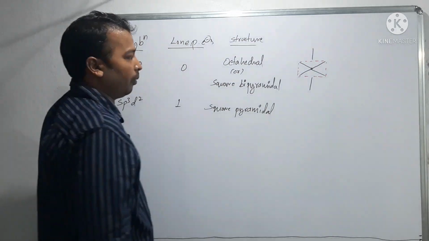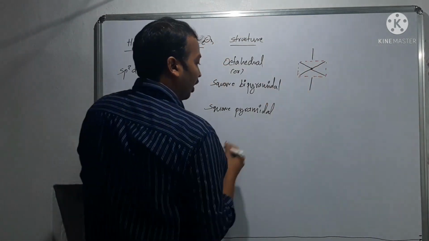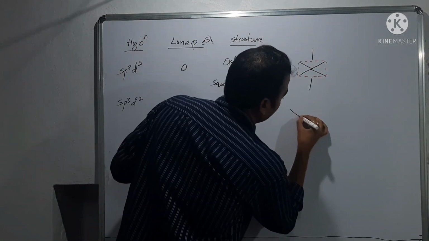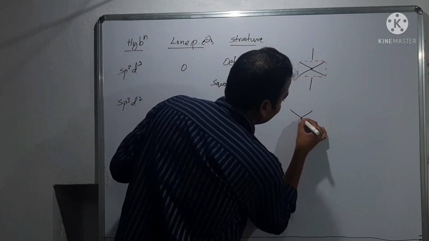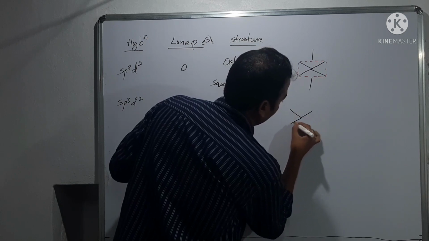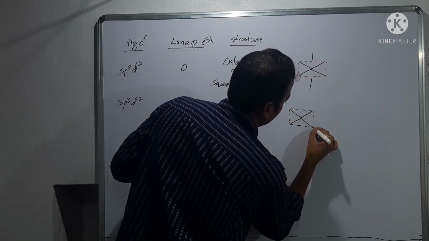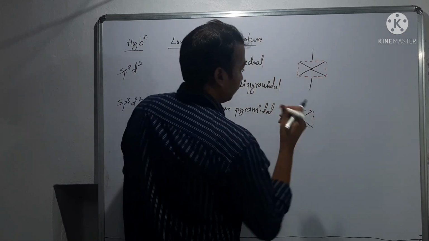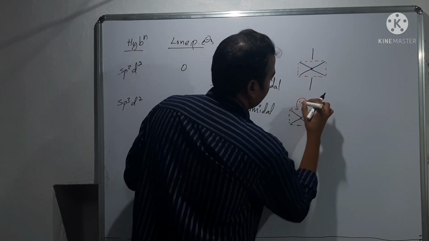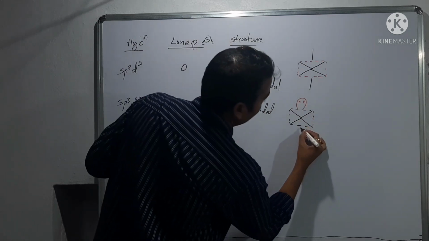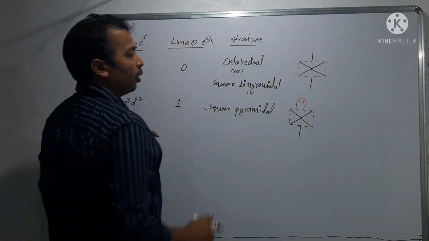Square pyramidal can be written like this. So it is a lone pair, and here I am taking the bond pair.